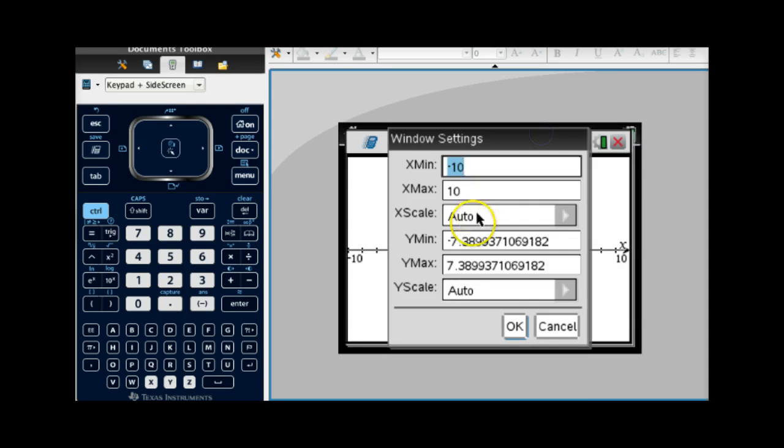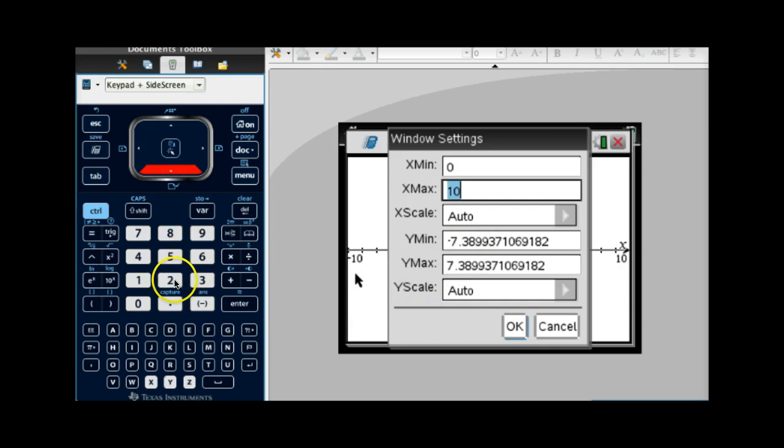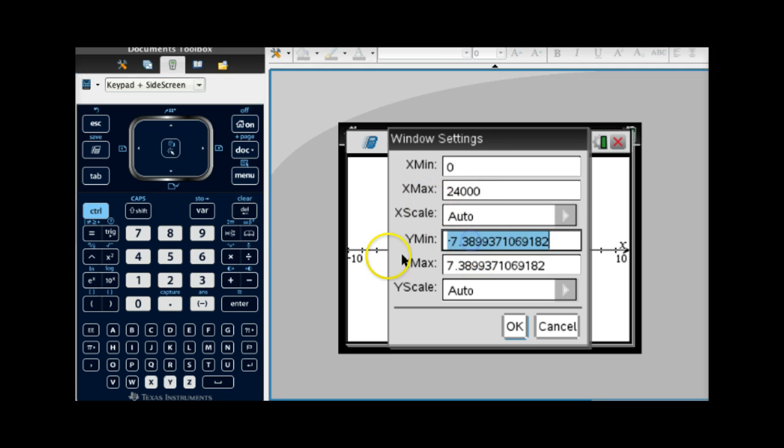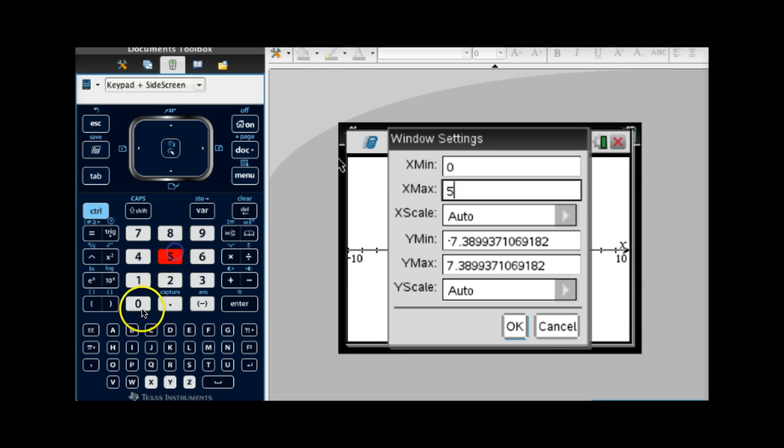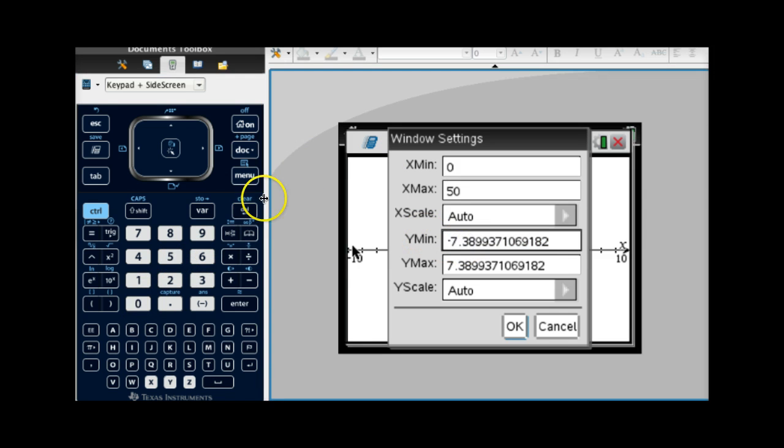We said we wanted the x minimum to be 0, the x max 24,000. Oopsie. Sorry, the y max is 50.